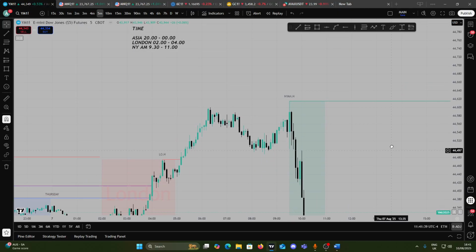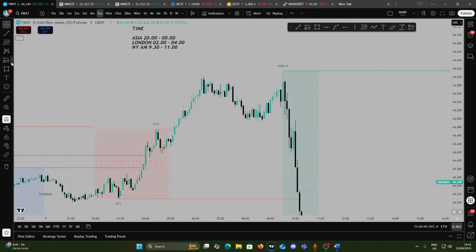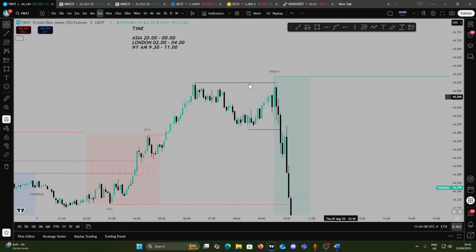Now, what type of displacement are you okay with? We have this swing point, right? Then we have this leg down, and now we have to find the swing point. This is a swing point, right?